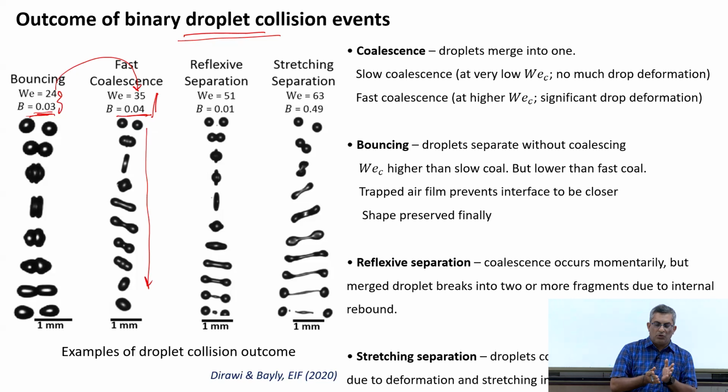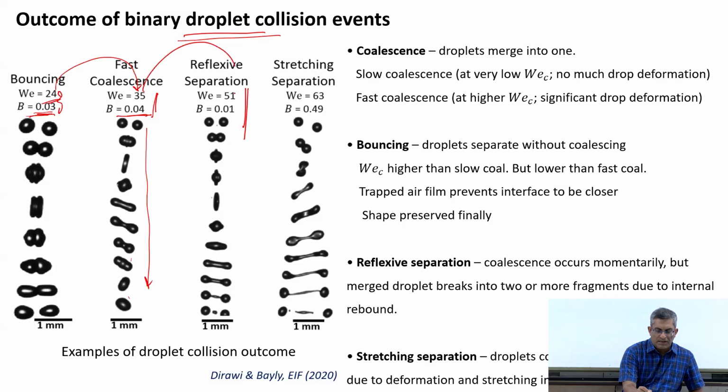There is something called slow coalescence also, where you will not see much deformation in the particle shape. This is what happens if the Weber number is even smaller than this. They will come and coalesce, but the shape will not change much. Then we have something called reflexive separation.